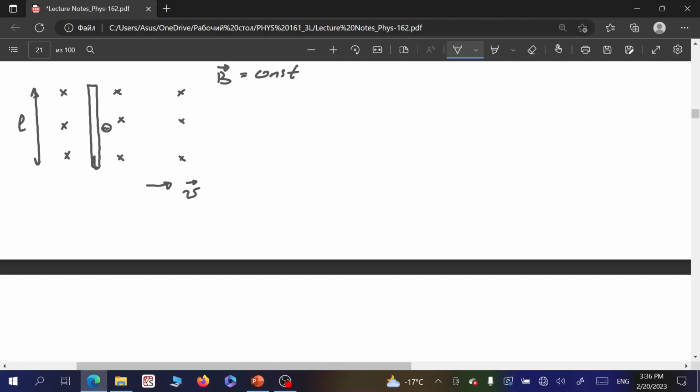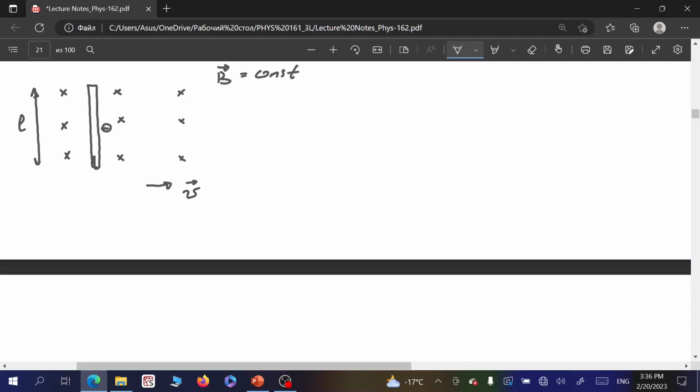So that is the case. In general, this straight conductor is electrically neutral because all mobile negatively charged electrons are compensated by positively charged ions in the crystalline lattice of this metal. However, because of the magnetic force exerted on these electrons, since they move together with the conductor, we can consider that they are moving in external magnetic field.